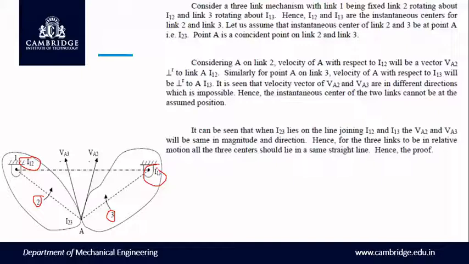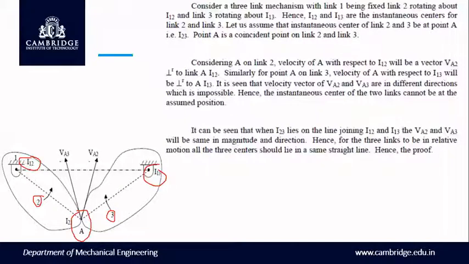Now let us assume the instantaneous center of link 2 and link 3 to be at a point A, that is at this point, I23. The point A is a coincident point on both link 2 as well as 3.